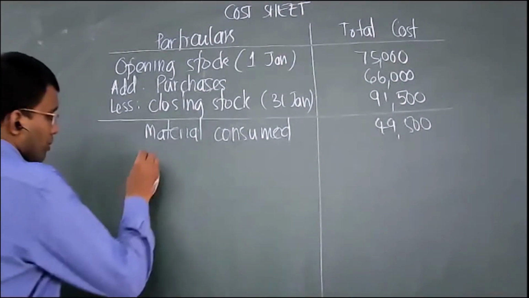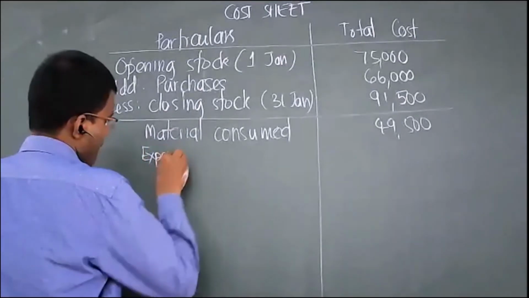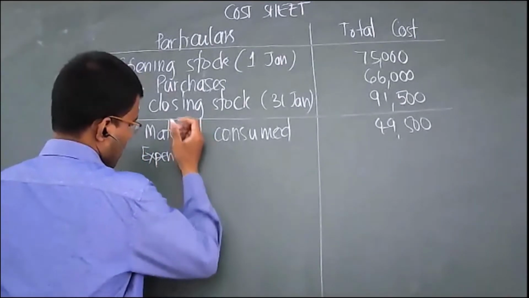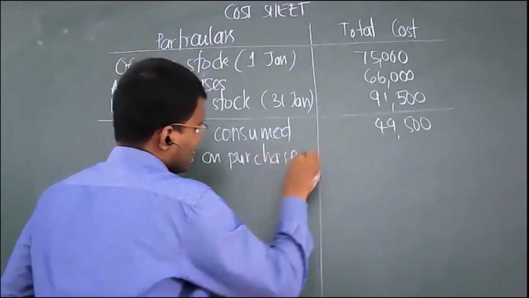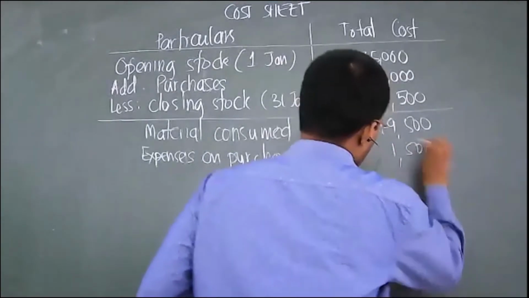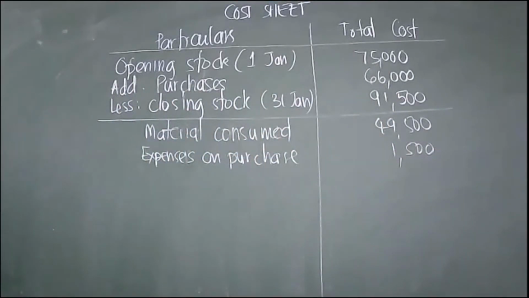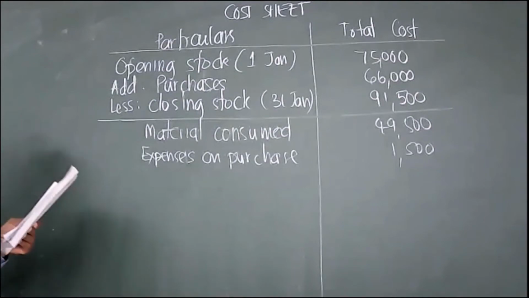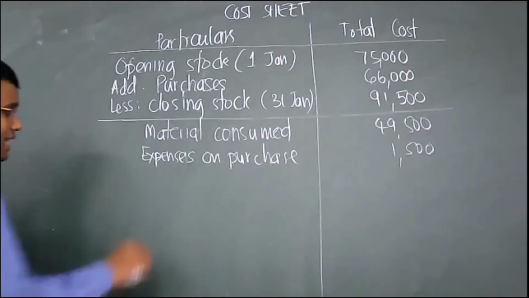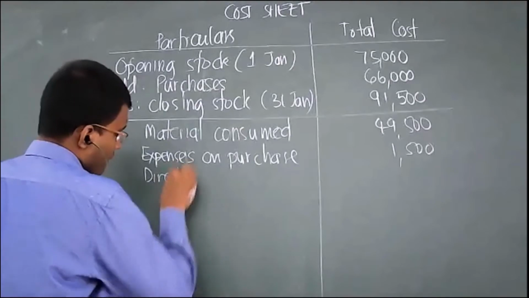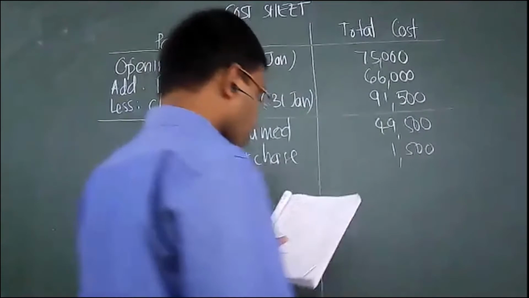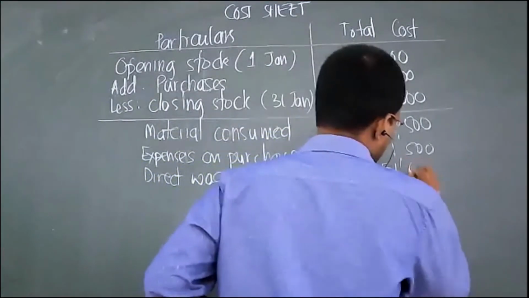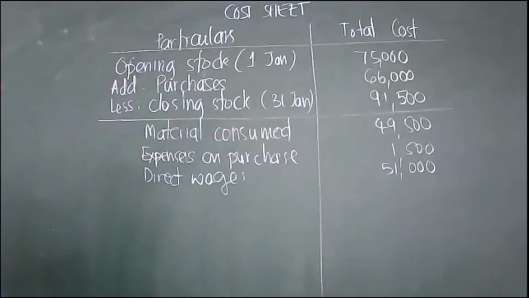We have expense on purchase, which is 1,500. Then we have direct wages. In the question, we have not been given any other direct expenses.